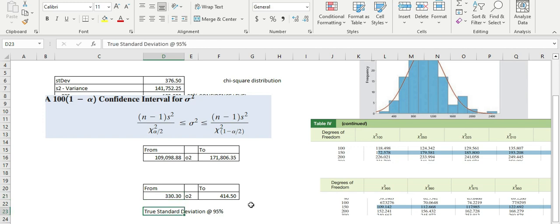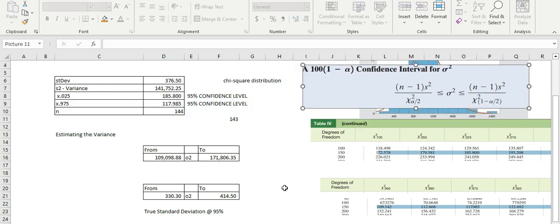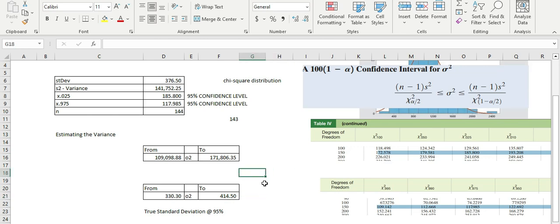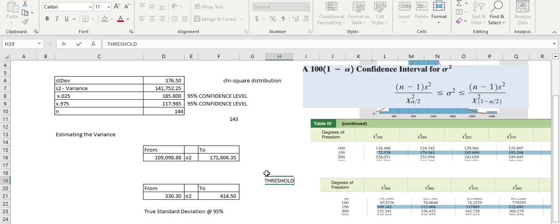now we will conclude. For example, your threshold is at least 400, and then it depends on your study.